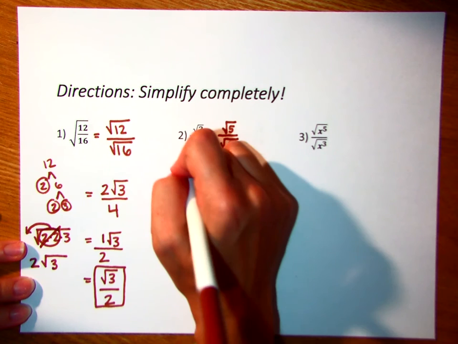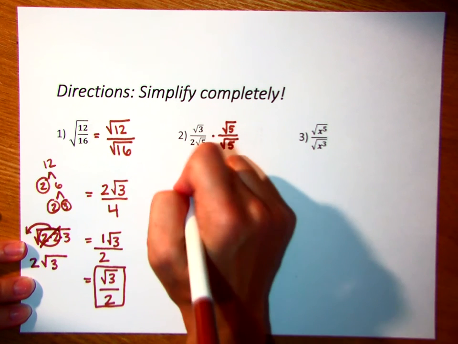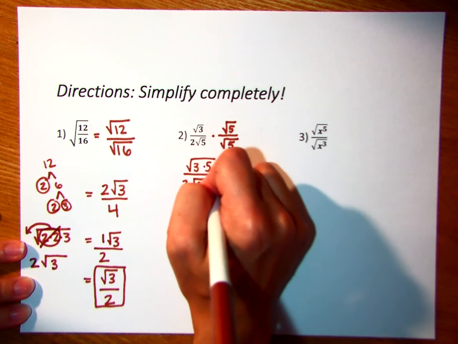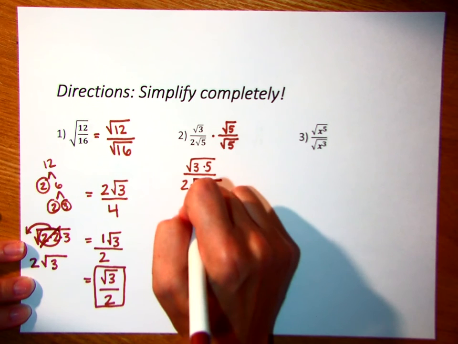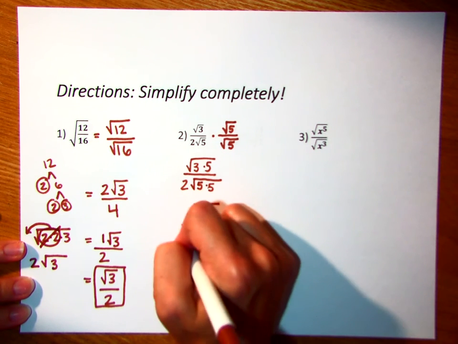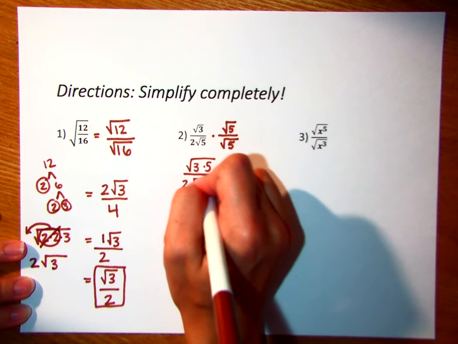So square root of 3 times square root of 5 can be combined under the same roof over 2 on the outside. And then on the inside, we can go ahead and combine these 5's. Now look, we're in prime factorization form. There are no twins on the top, so I can go ahead and combine 3 times 5, which is 15. Can't do anything with that 2 on the outside. And here is a set of twins, so we're going to pull 1 out.